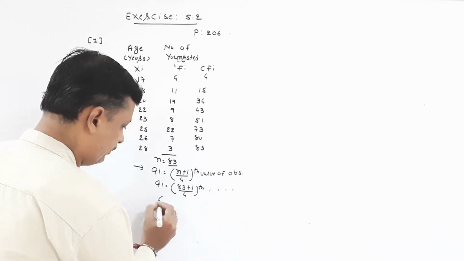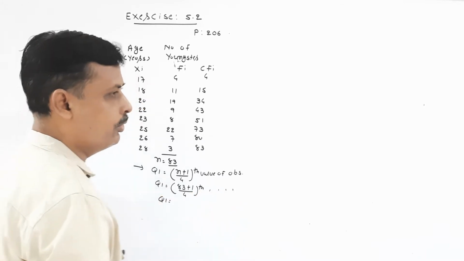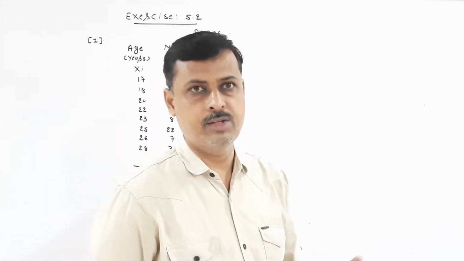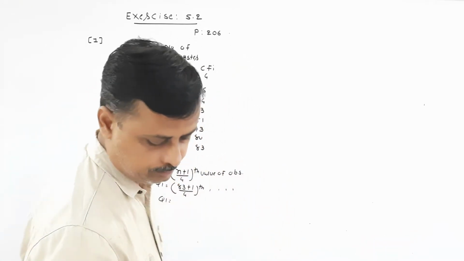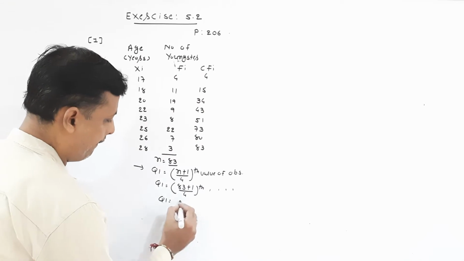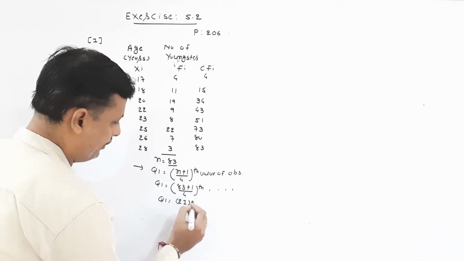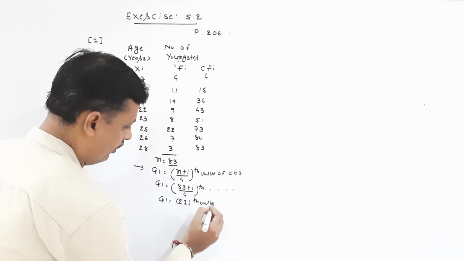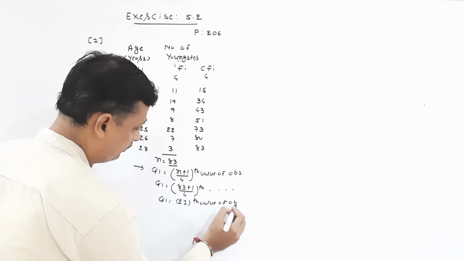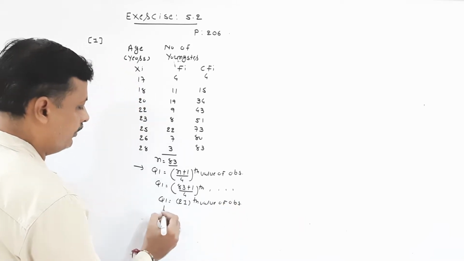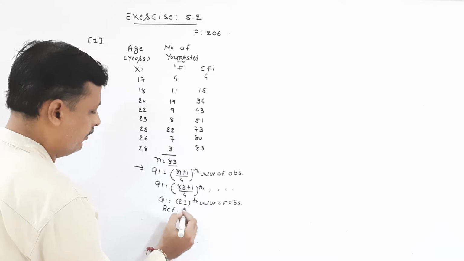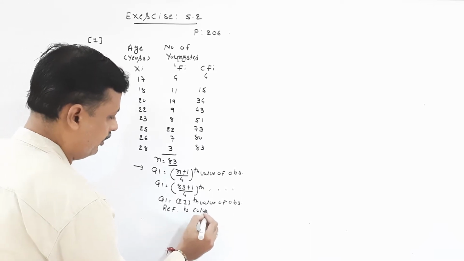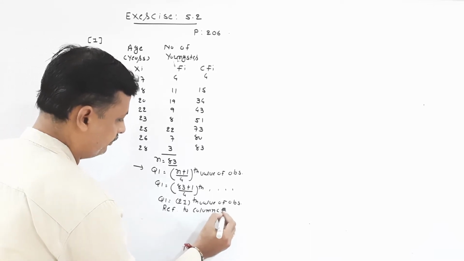So 84 divided by 4, that is 21st observation value. Now refer to column CF.